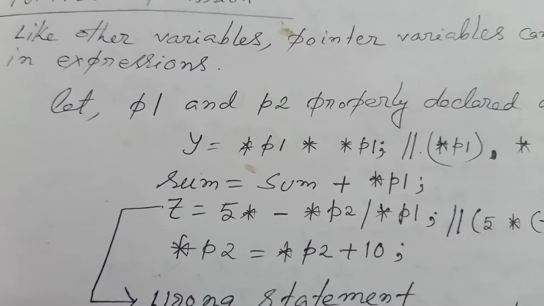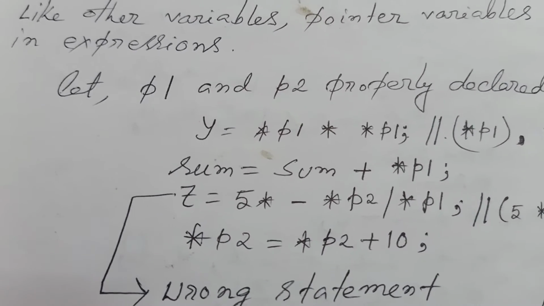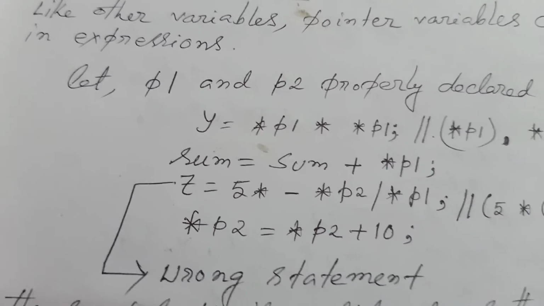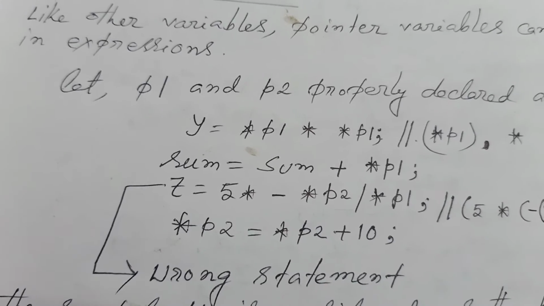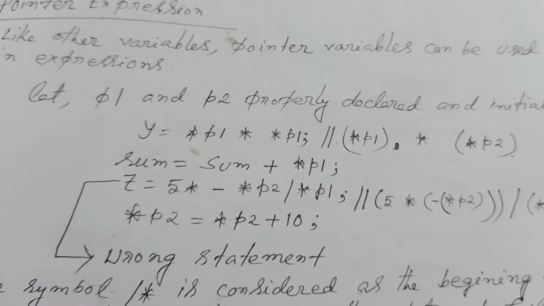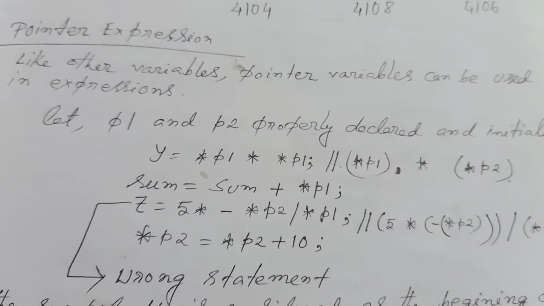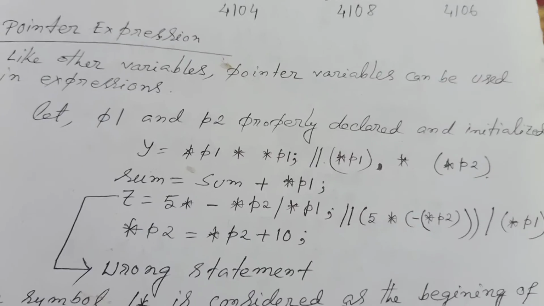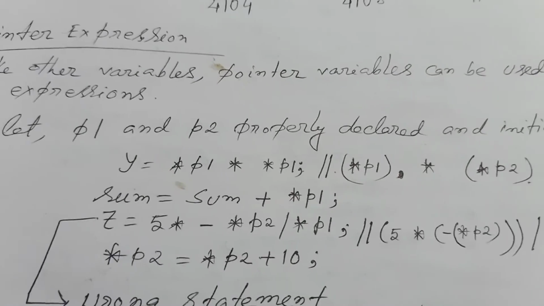Sum equal to sum plus *P1. Z equal to 5 into minus 1 *P2 divided by *P1. This expression could be within brackets 5 into minus of *P2.